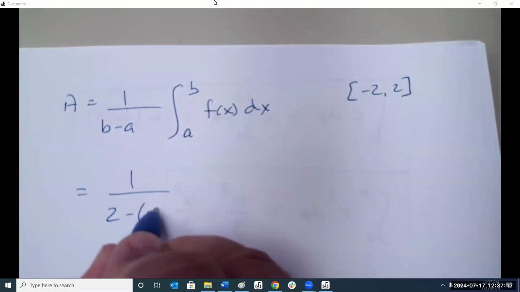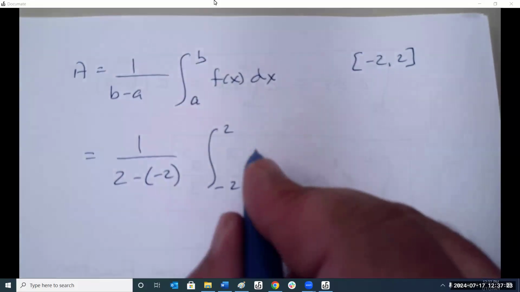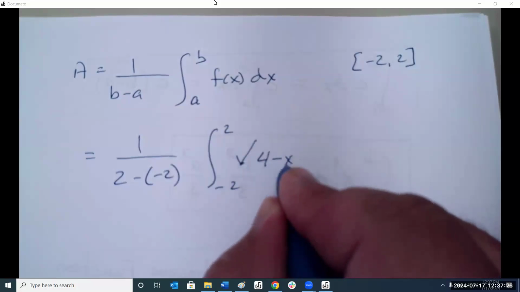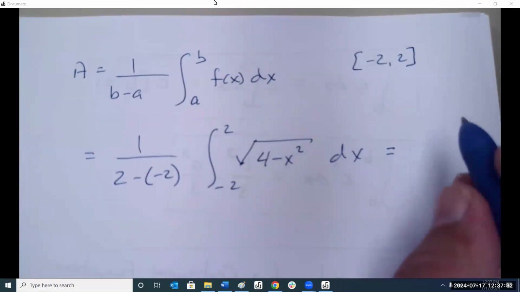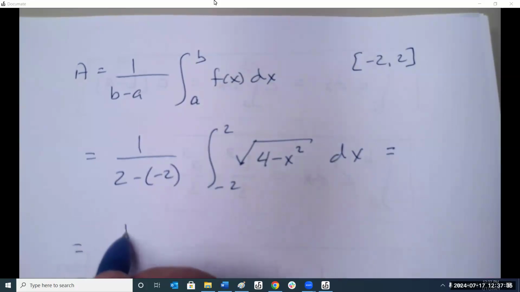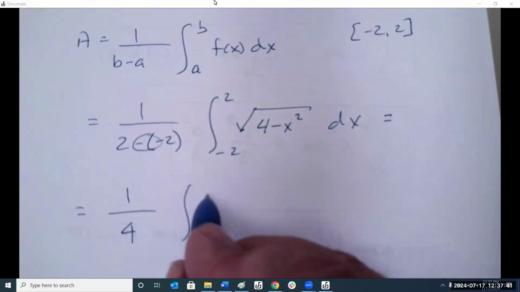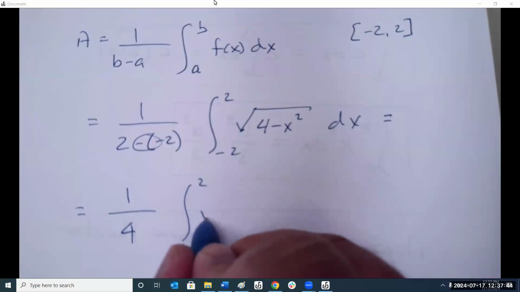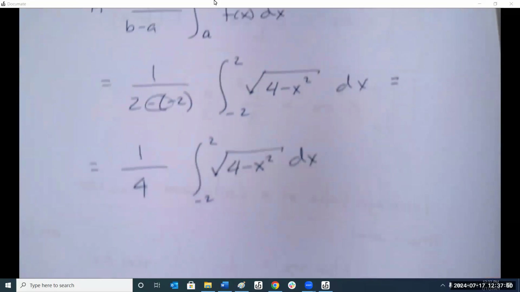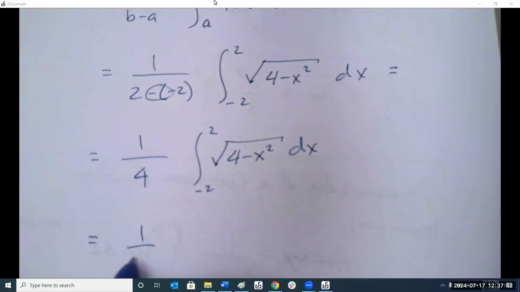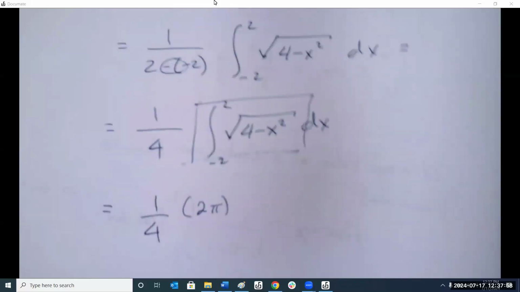So we have 2 minus -2, which becomes plus, so it's 1/4, times the integral from -2 to 2 of the square root of 4 minus x squared. We just calculated this one. The area is 2 pi. We did that here.